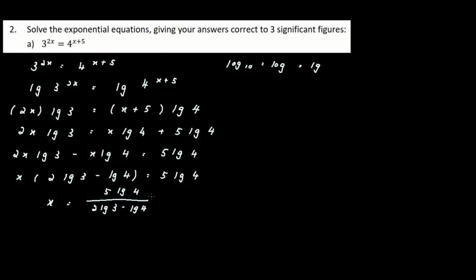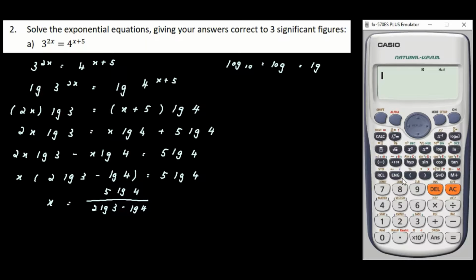Okay, so you can use your calculator now. You just press in whatever you have. So 5, remember your bracket, okay? 5 log, and log in your calculator is basically log 10 already, base 10. So 4, then after that, 2 log 3, remember to close it, then after that minus log 4.